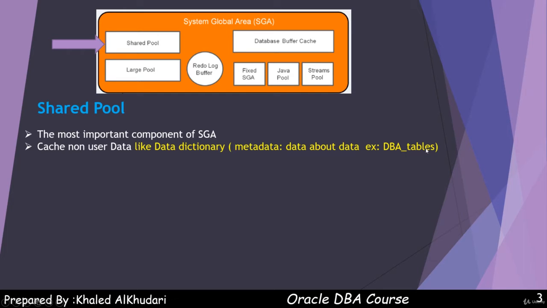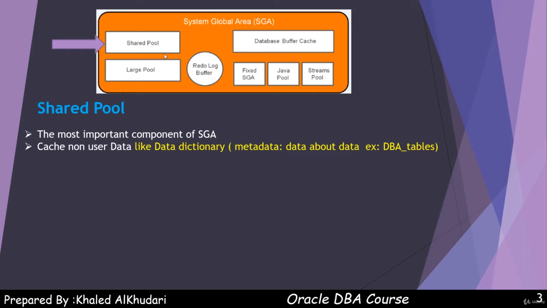So when the user does a select statement, Oracle has a lot of jobs to do. He needs to know if this table exists or not. From where does he know? He will know from the data dictionary. So it's better to cache the data dictionary into a part in the System Global Area called the shared pool, so the data will be faster.